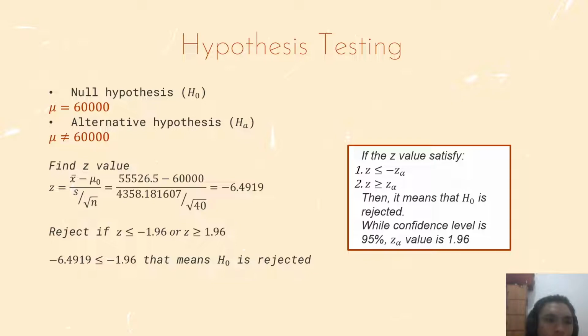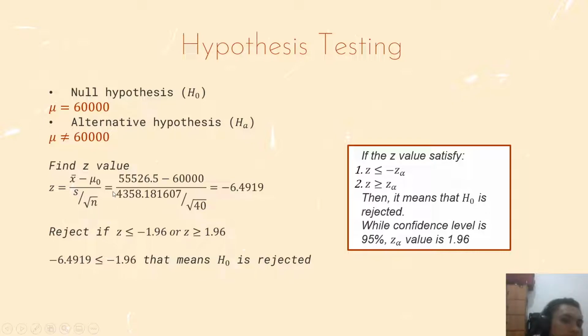So first we're going to try to reject the null, and if it's not rejected, we're going to continue to try to reject the alternative. For example, I take the mu value here equal to 60,000.